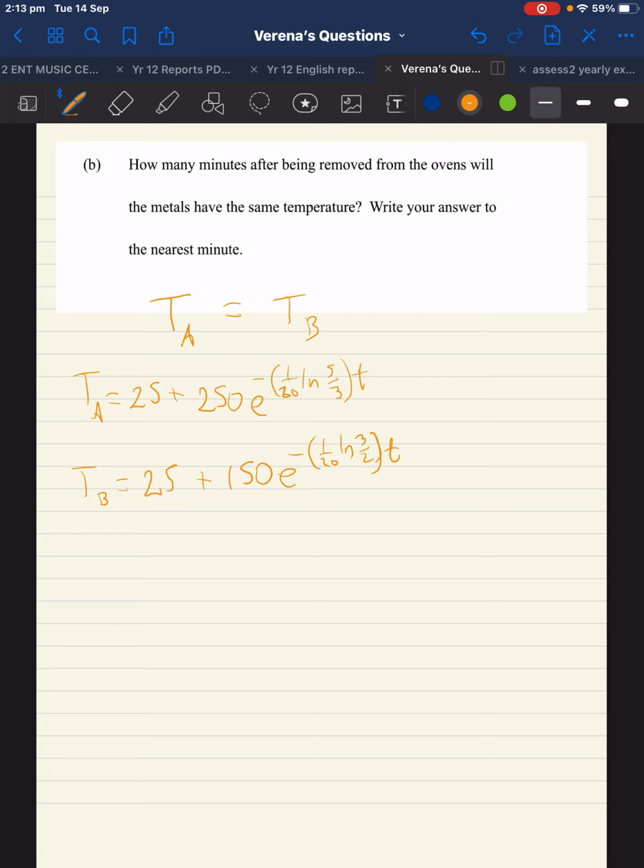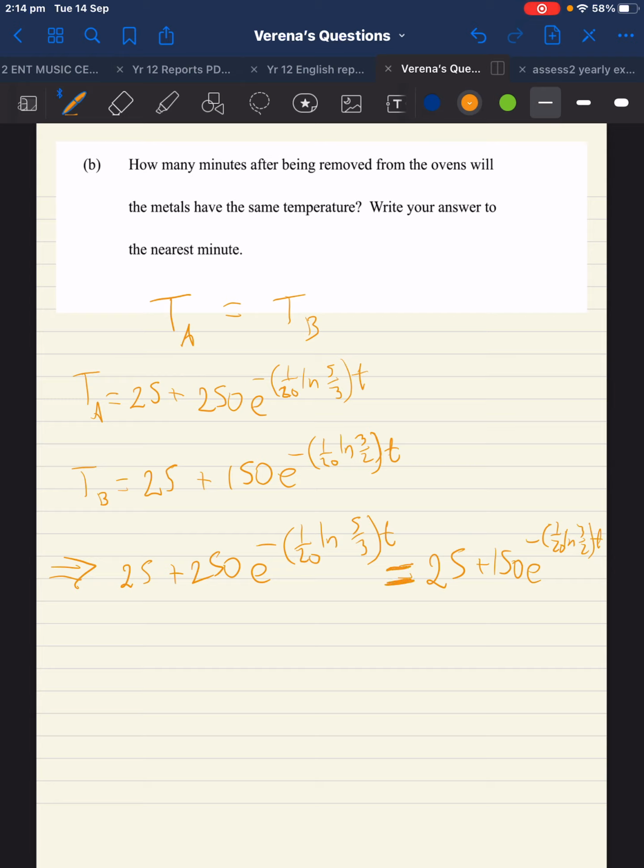So that of course implies 25 plus 250 e to the minus 1 on 20 ln 5 on 3 t. When is this equal to the other one? ln 3 on 2 t. Okay, so we're solving this equation here.